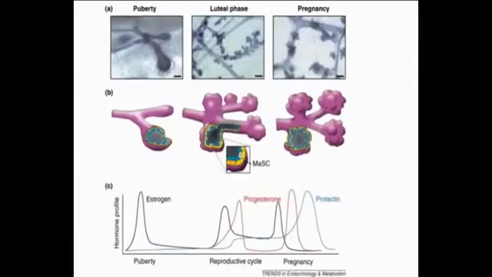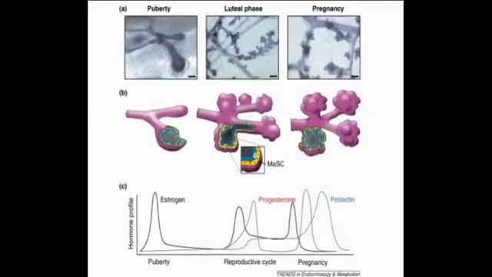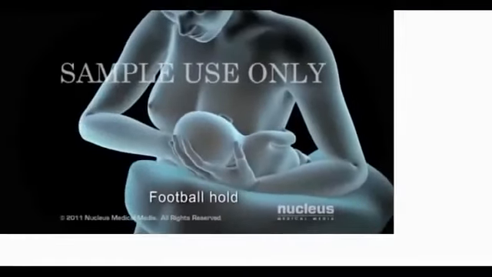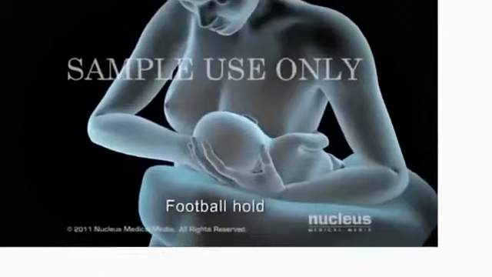They even change the positioning between them regarding which hormone from the thalamus and the pituitary gland will be in maximum production. Okay, then we go to the next slide, and the next slide is again a video.